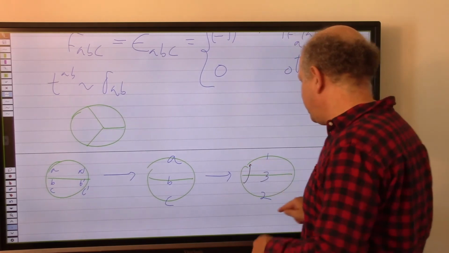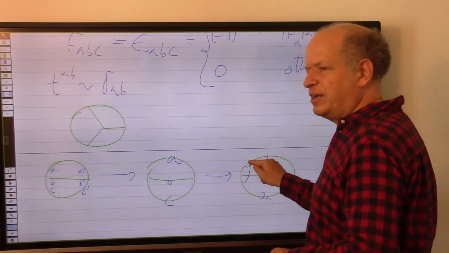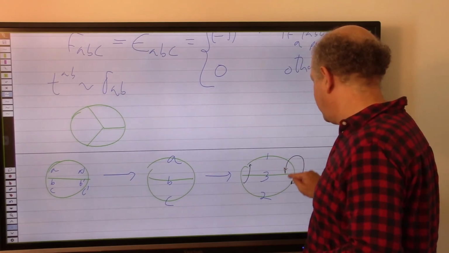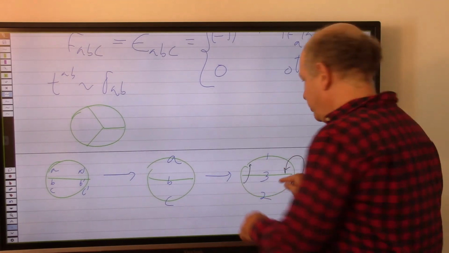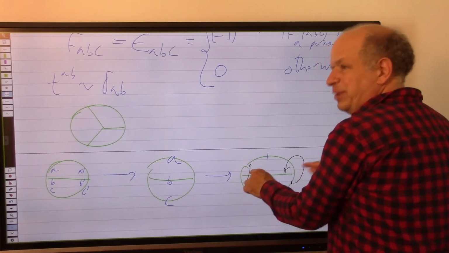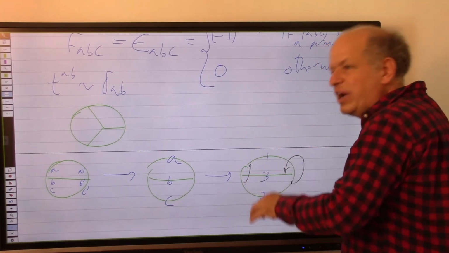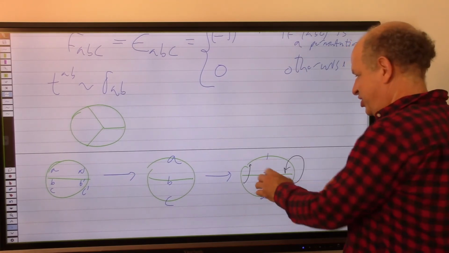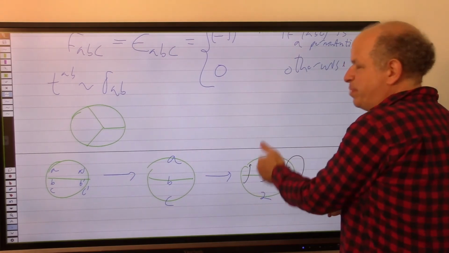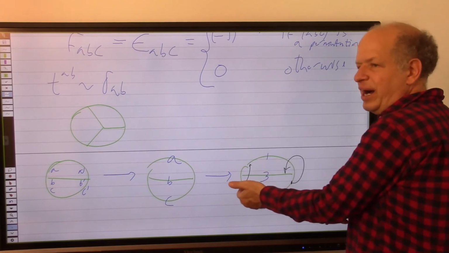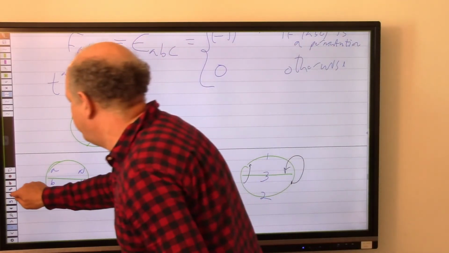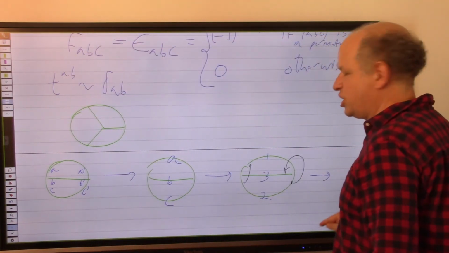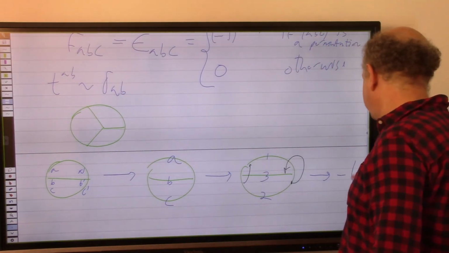So this will be the permutation 2, 3, 1. And this, if I start here, will be the permutation 2, 1, 3. So the two vertices contribute opposite signs, always. So the contribution from any permutation will be -1. So the overall contribution is the number of permutations times -1, which is -6.